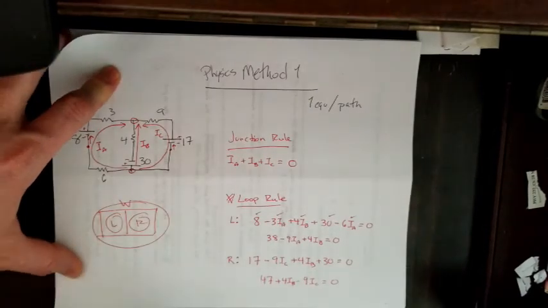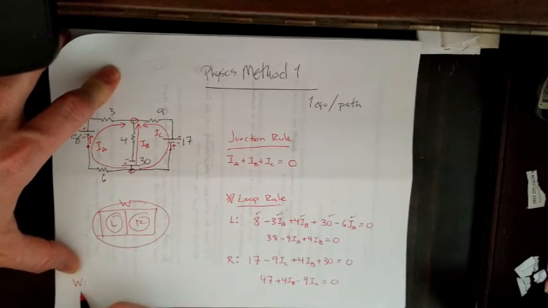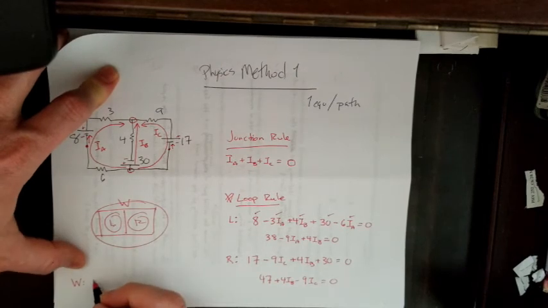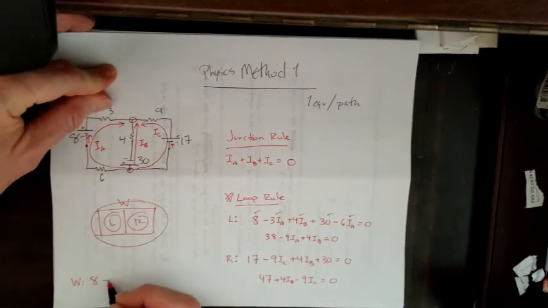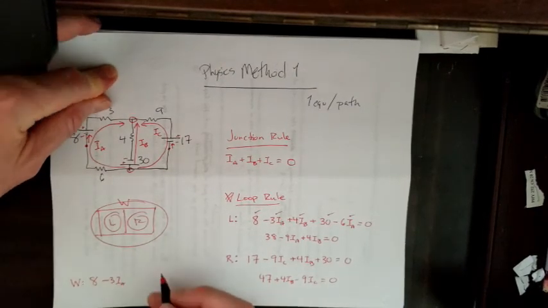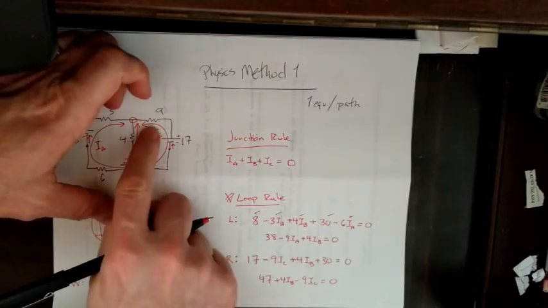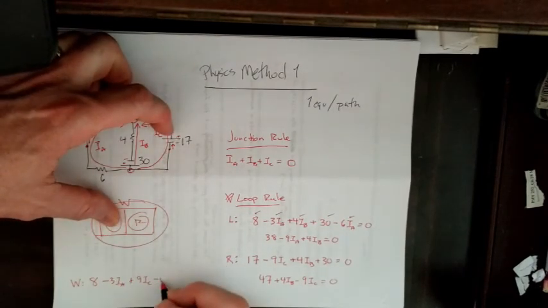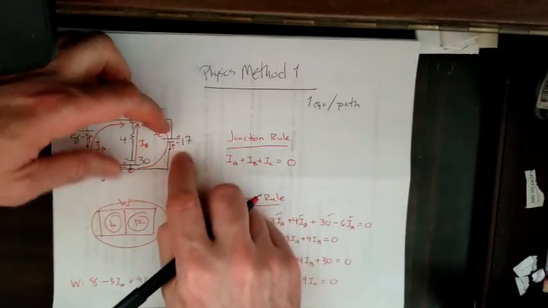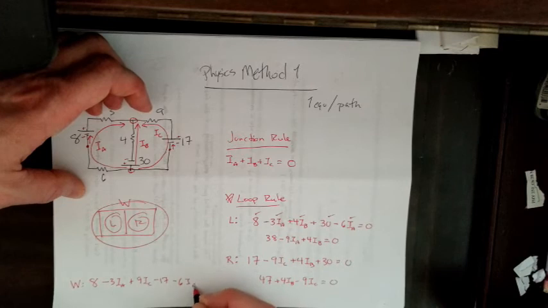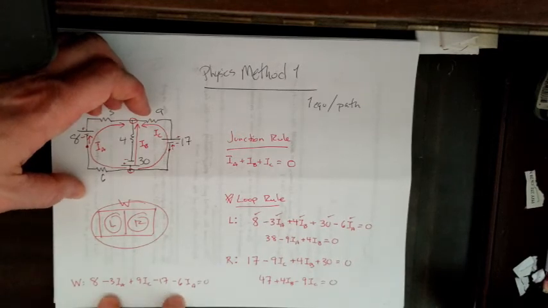If I wanted to do the whole equation, and again, I don't need to, I'm going to just start here and work my way around. So I have 8 minus 3IA plus 9IC, because I'm going against the current I established, minus 17, because I'm going from positive to negative, minus 6IA equals 0. That would be the whole thing right here.